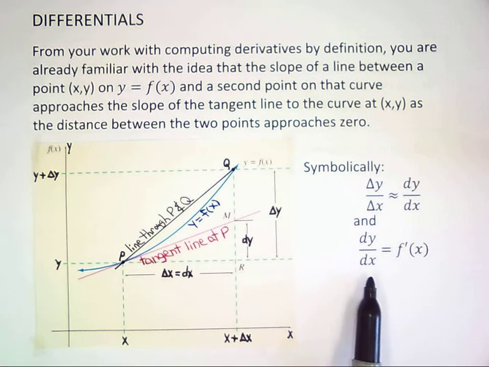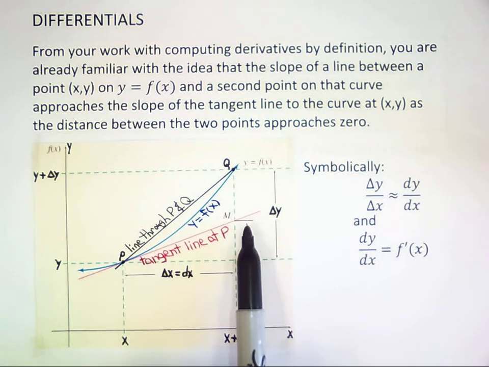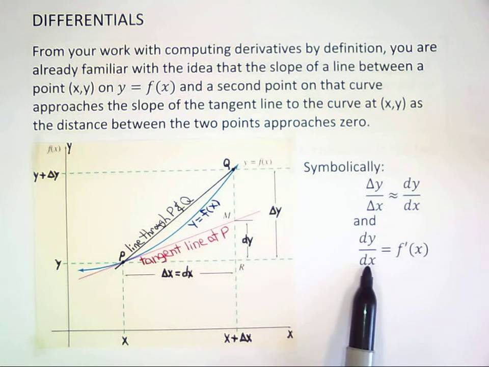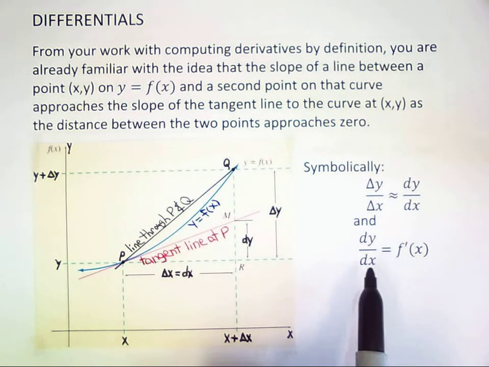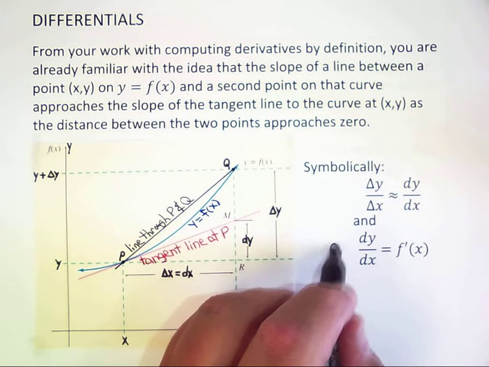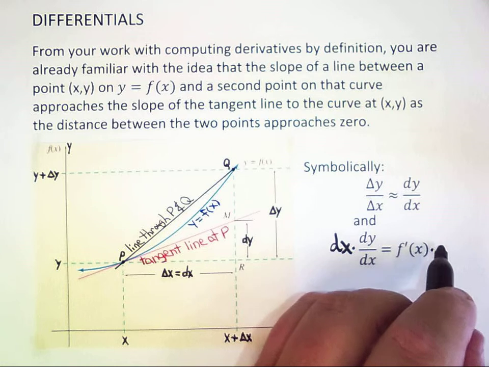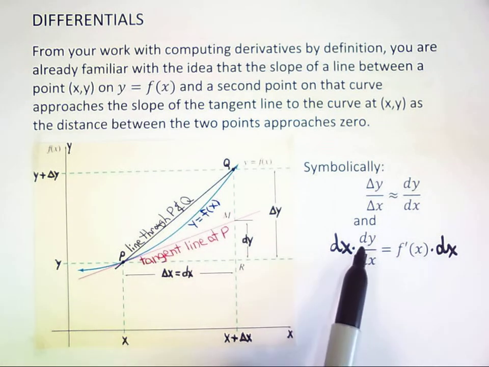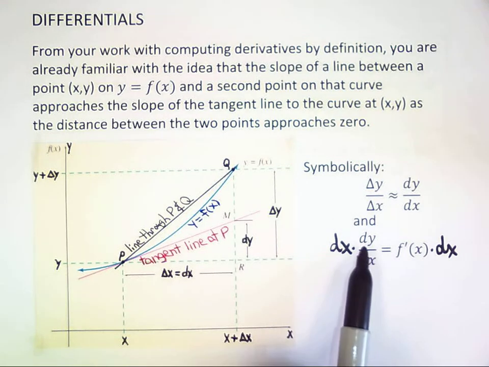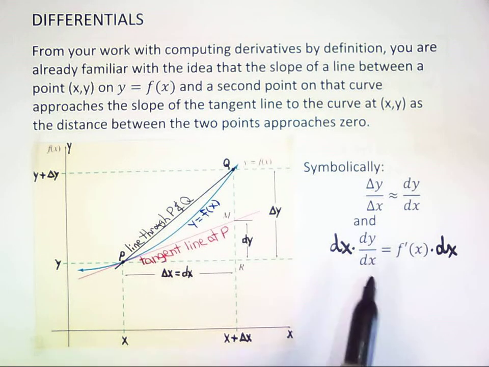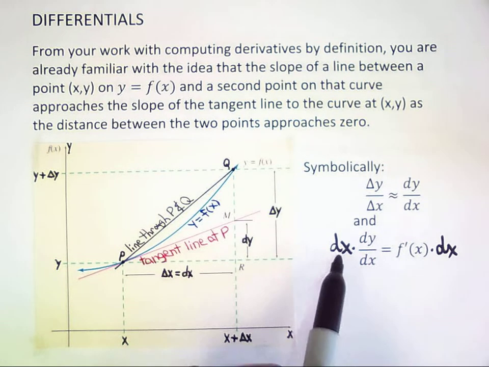Now, if we take it literally that dy is actually a change in y and dx is a change in x, we can treat these as two separate quantities and multiply both sides by dx. That's the idea of a differential: whereas earlier we had a symbol dy over dx standing for the derivative, we now take the idea literally that dy is some small quantity and dx is some small quantity, and we can actually work with them.